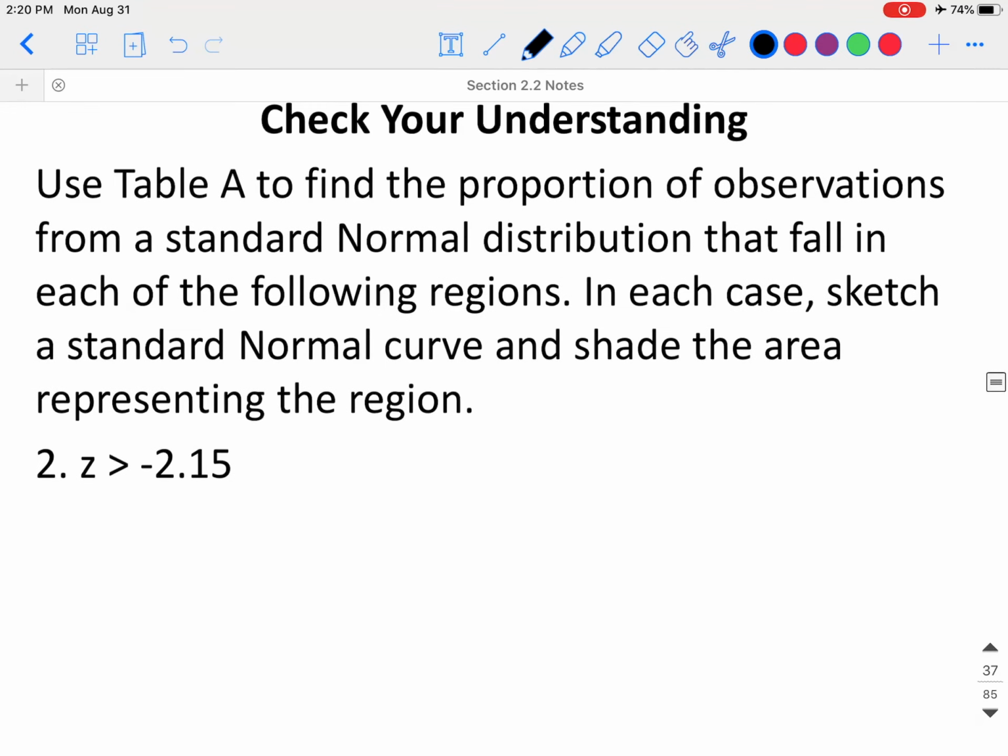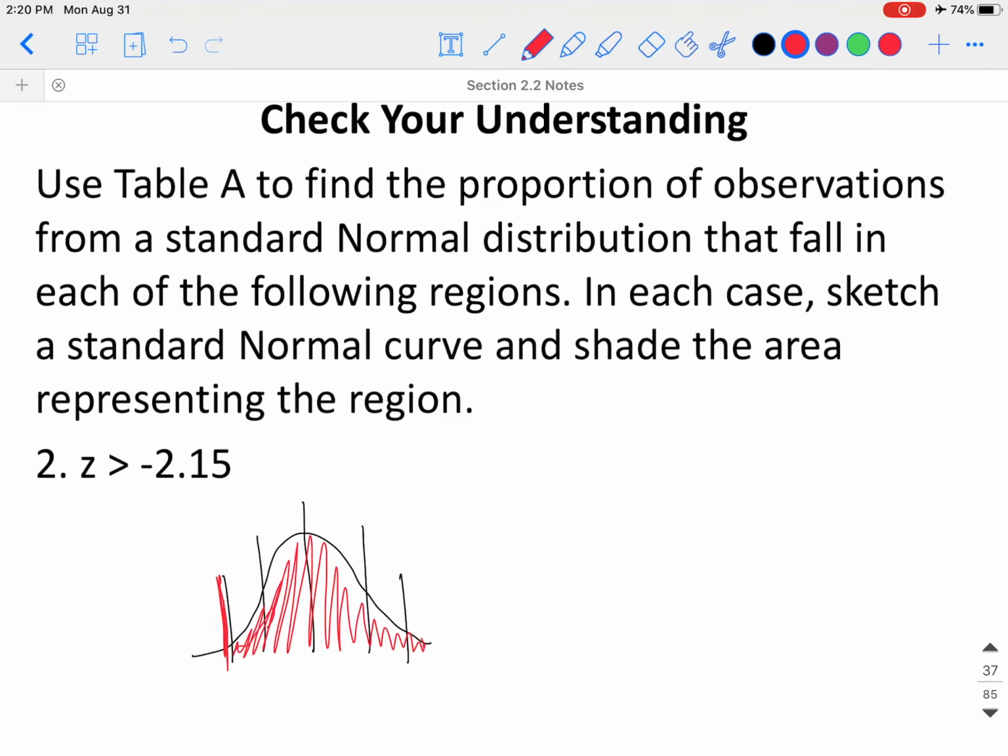If we want to find all the values that are greater than -2.15, so if this is 1 standard deviation, 2 standard deviations here, so -2.15 would be about here, and we are looking for greater than, so it should be to the right. Remember, your table is telling you the area less than that value. So the area to the left of -2.15, if you look at your table, will tell you it's 0.0158.